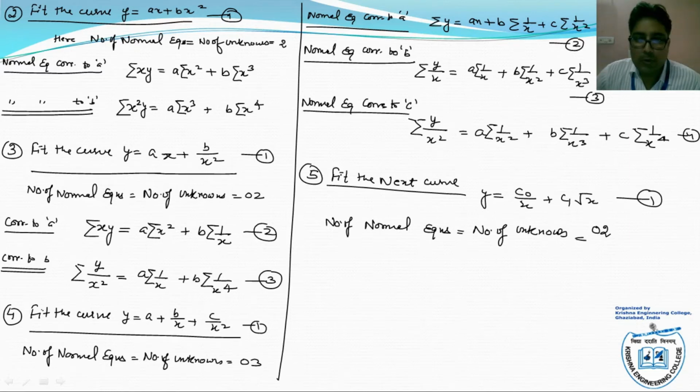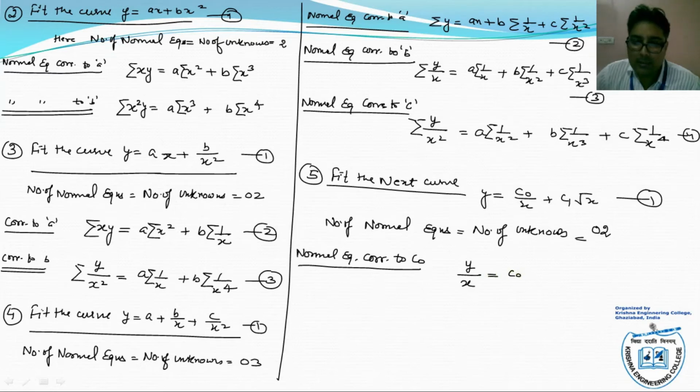Normal equation corresponding to c naught. The coefficient of c naught is 1 upon x, so multiplying the whole equation by 1 by x and then taking the summation, we get y upon x is equal to c naught 1 upon x square plus c1 under root x by x.